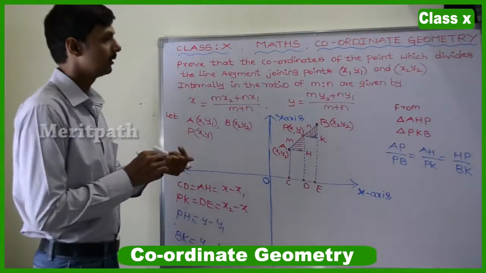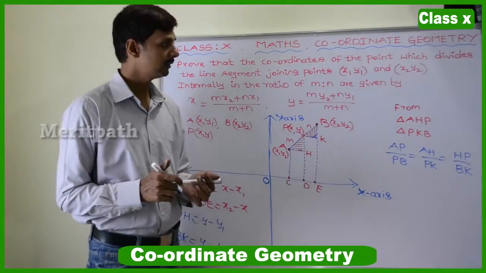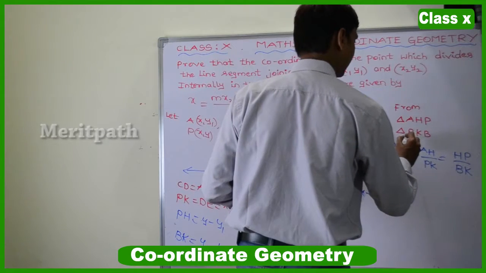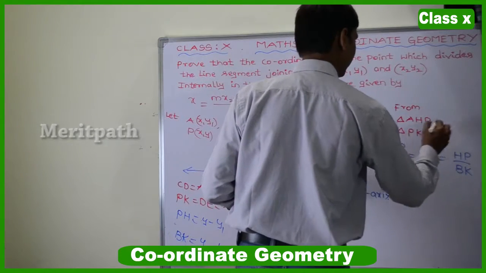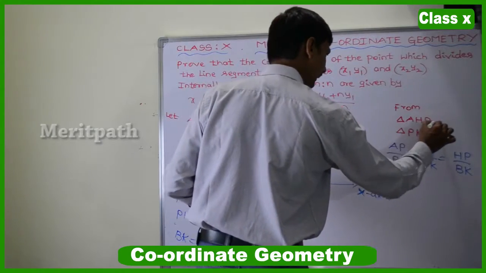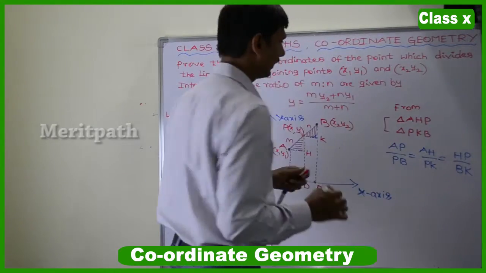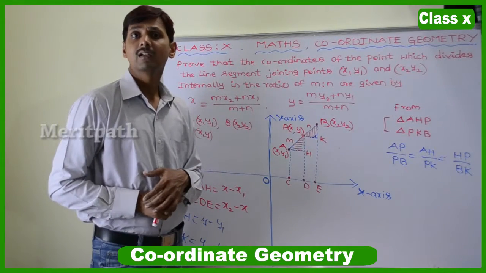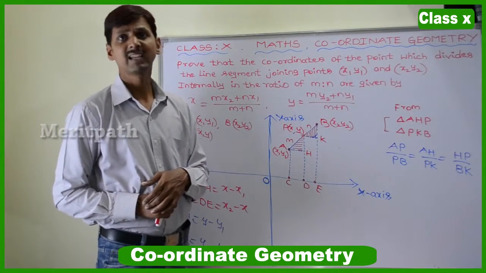We know that the two triangles AHP and PKB are similar here. When these two triangles are similar, their corresponding sides will be in the same proportion.